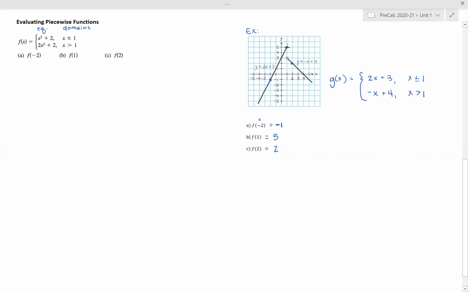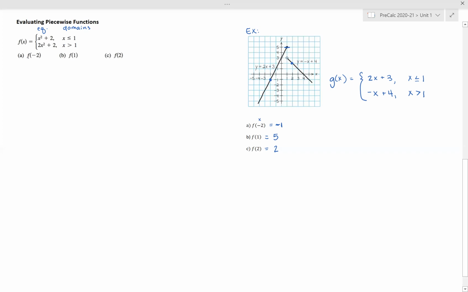At x is 1, that's the splitting point on this piecewise function. Same thing over here. So that's where you get the different looking graphs. They almost look like they're in sections. Sometimes connected, sometimes not.